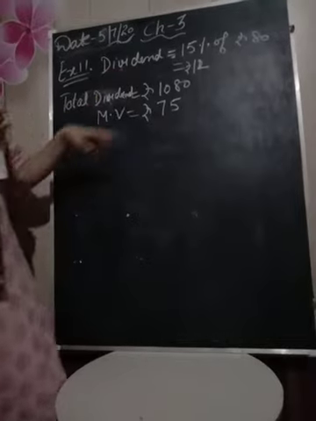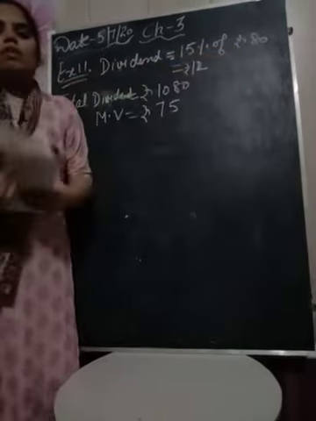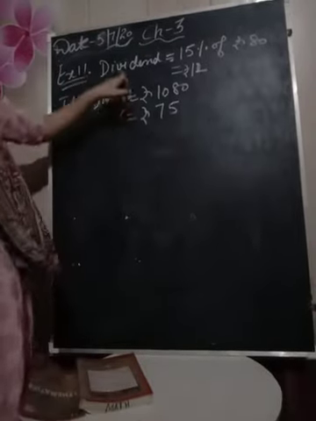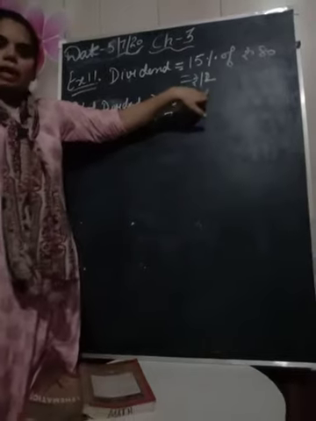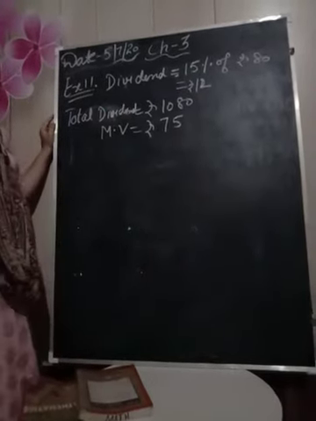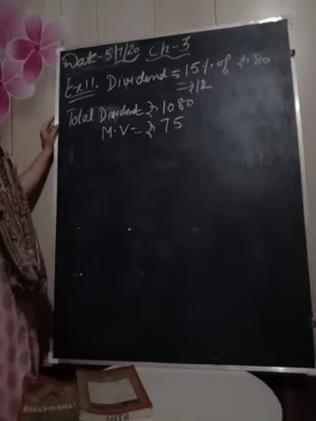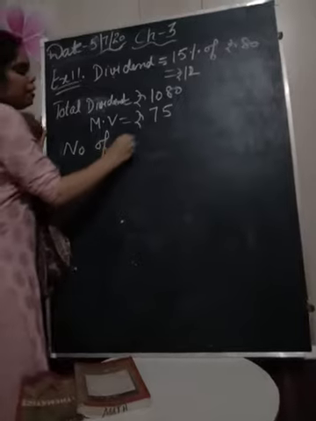They have given 15% dividend. So always we find dividend on the nominal value, and nominal value we have been given is rupees 80. So how we can find dividend: 15% of 80, that is equal to rupees 12. Now total dividend is given, but when we want to find the total sum invested, always we need the number of shares. So first we will find the number of shares.